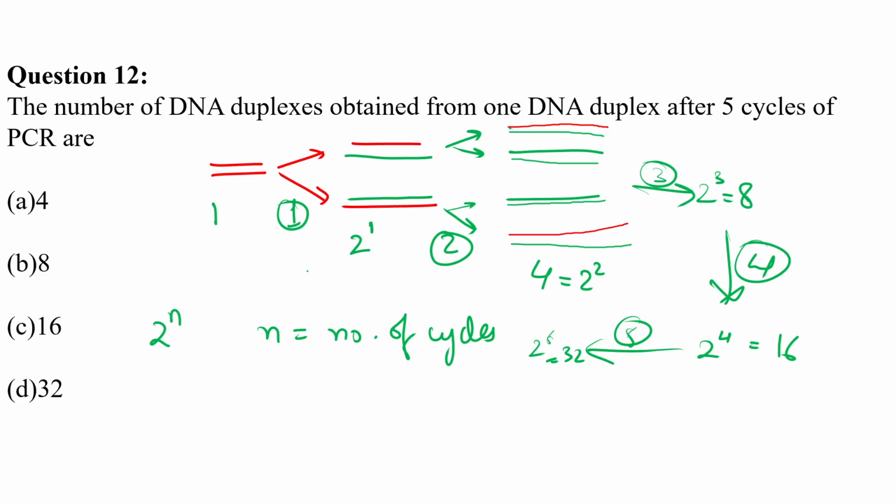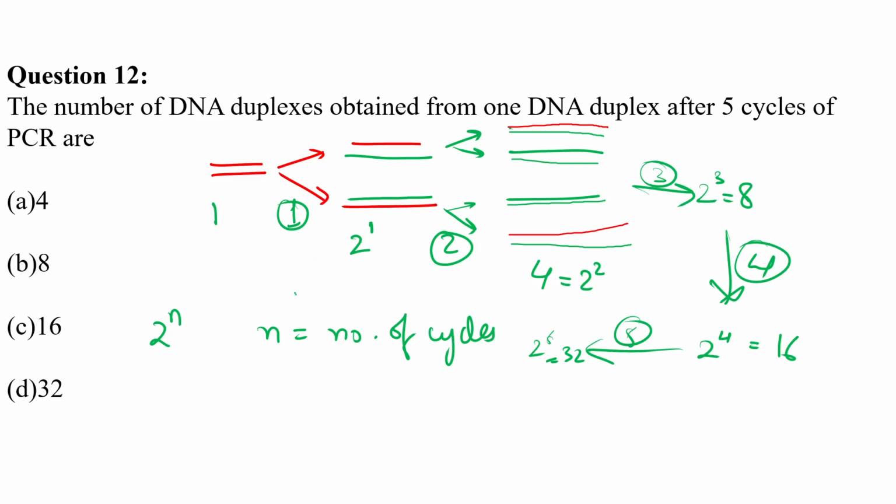We amplify it to check for the presence of that DNA, or to use it for further experiments. If I have 1 nanogram of DNA and I want 10 micrograms of it, I can simply amplify it using PCR and then use it for further experiments. That is the purpose of the PCR reaction.